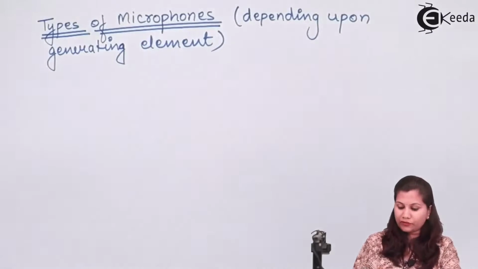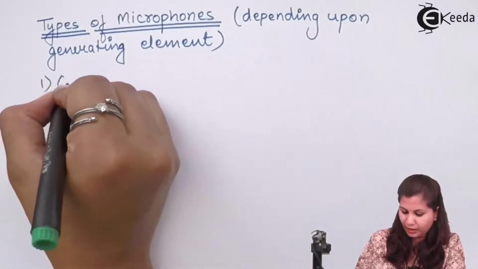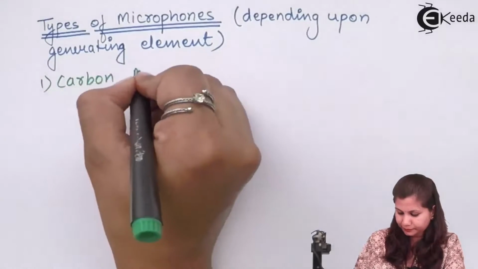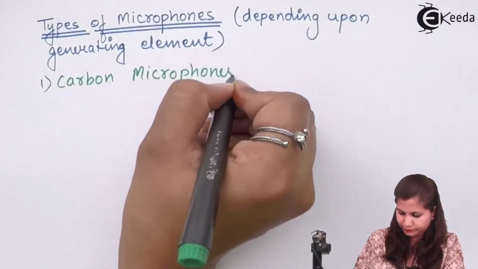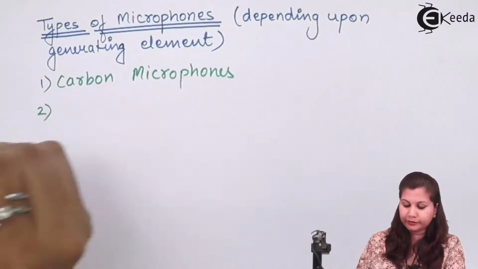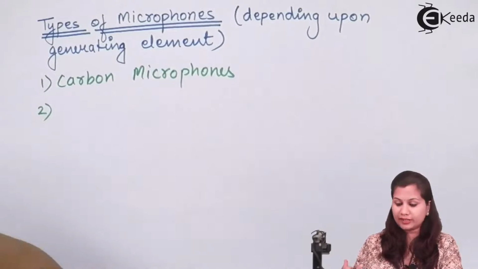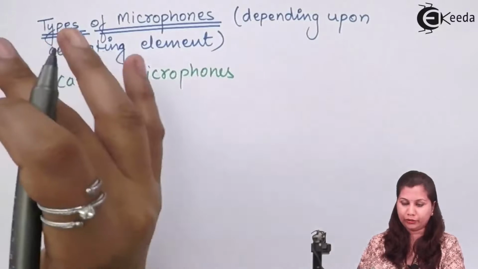Now on the basis of the generating element, the different types of microphones are carbon microphone, in which carbon granules are used, and due to the diaphragm there will be a change in the resistance of those carbon granules.